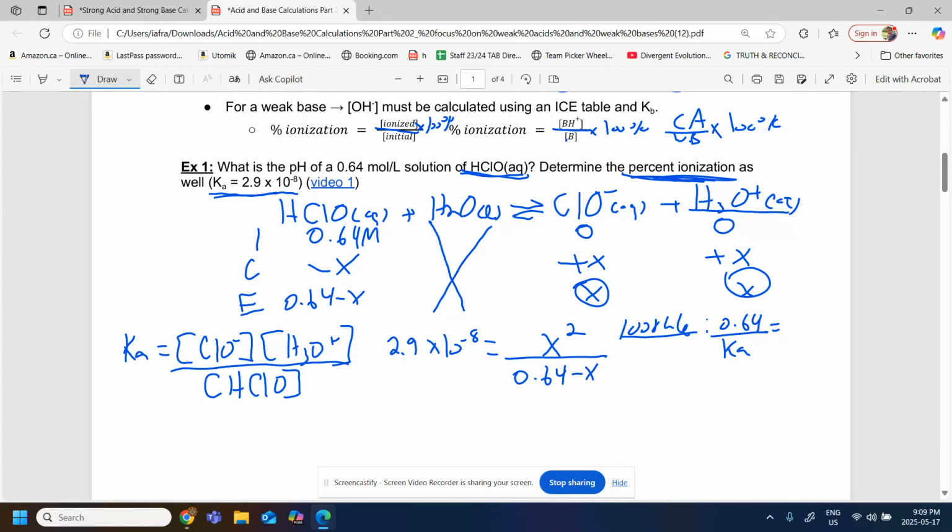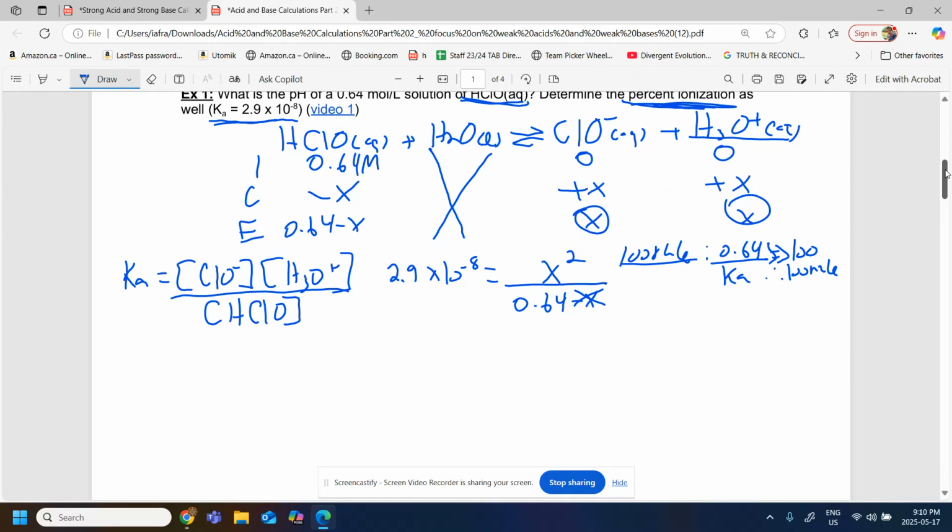So 0.64 divided by 2.9 times 10 to the power of -8, and you get a very big number that's much greater than 100. So I don't have to write that down. Therefore, we can make the 100 rule assumption. We can do that. So we can take this part out.